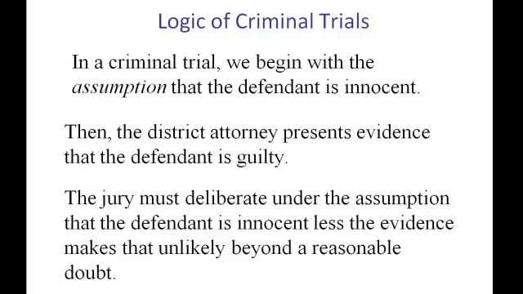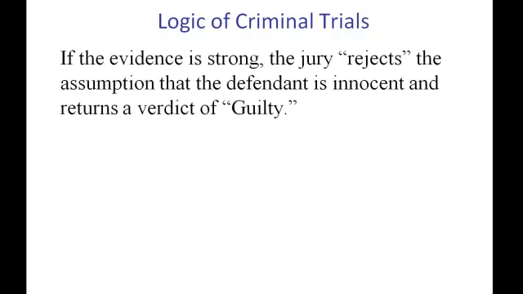And finally, the jury has to deliberate under the assumption that the defendant is innocent unless the evidence makes that unlikely beyond a reasonable doubt. And so what happens? If the evidence is strong, the jury rejects the assumption that the defendant is innocent and returns a verdict of guilty.